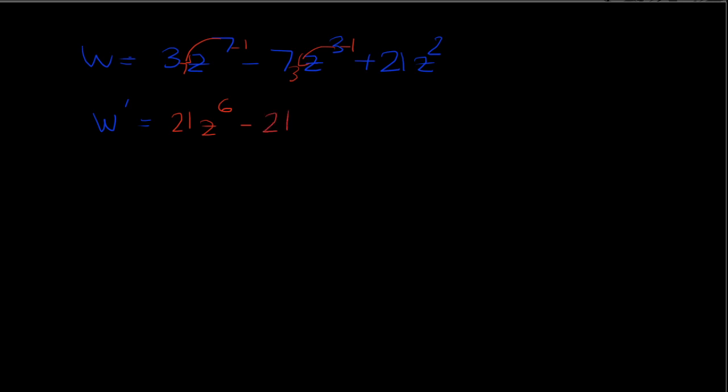So 7 times 3 is 21, times z to the 2nd power, plus, this 2 comes down, so 21 times 2 is 42, and then I'm going to subtract 1 in the exponent. So that will just be z to the 1st power. My derivative then is 21z to the 6th minus 21z squared plus 42z.